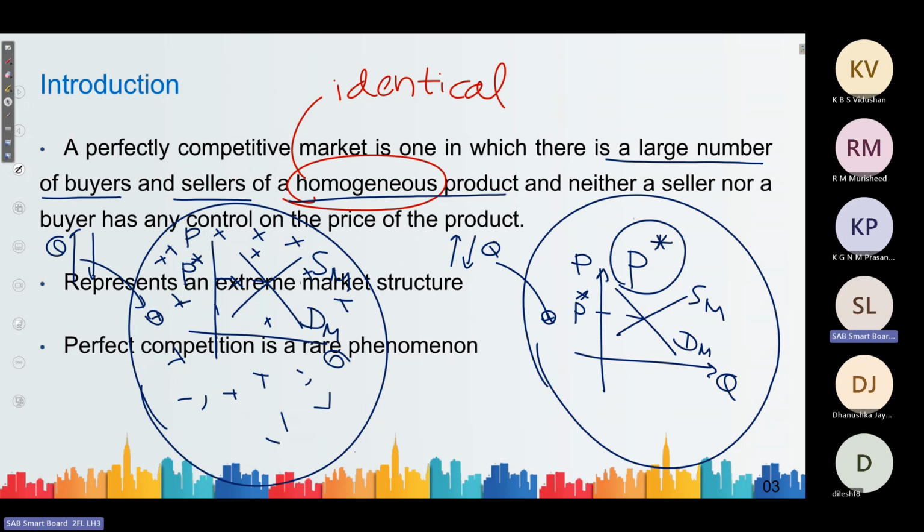Here also the same. There is a huge number of firms, a huge number of sellers. So one firm represents a negligible portion of the market share. Therefore, these small firms cannot influence the market price.